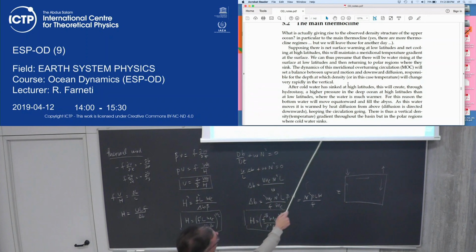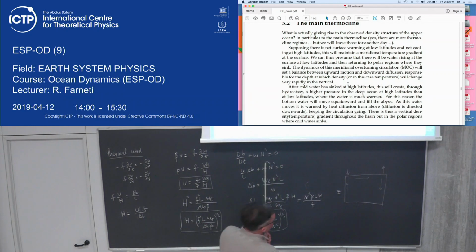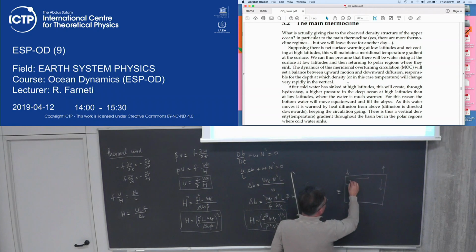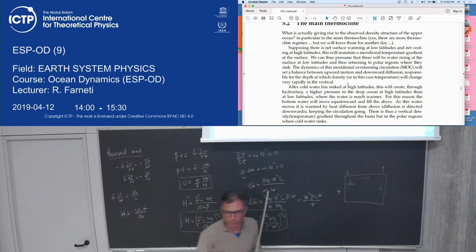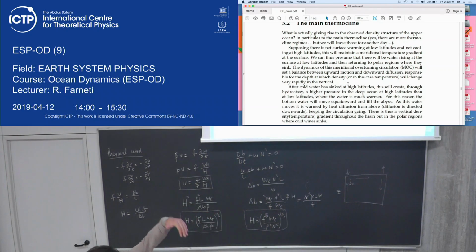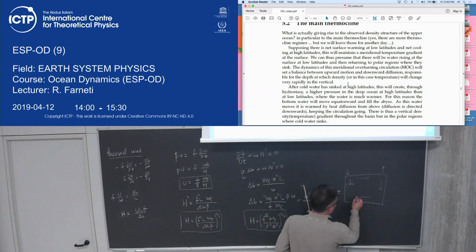The axis of this meridional returning circulation, we'll see, so these are the basic convective cells explaining some part of the meridional returning circulation. It will set a balance between the upward motion and a downward diffusion. Because if there is net warming here, there will be some diffusion that we will call, with some parameter kappa, diffusivity, that will mix these cold waters that are coming towards the low latitudes.